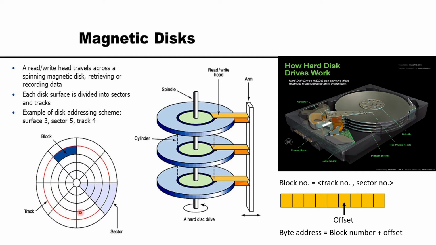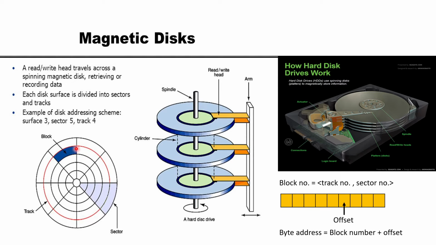And in a similar way, the whole 360-degree circle disk is divided into many partitions, something like this that you can see over here. Now, a single partition as a whole is called a sector. So a block is nothing but a particular track of a particular sector.